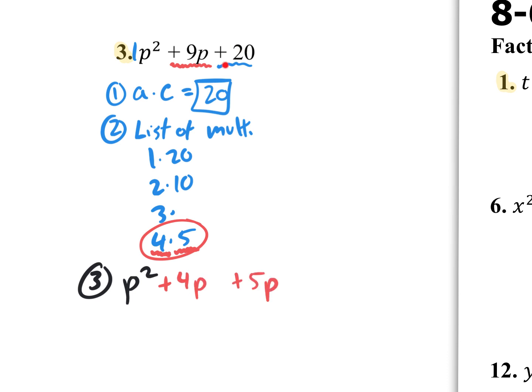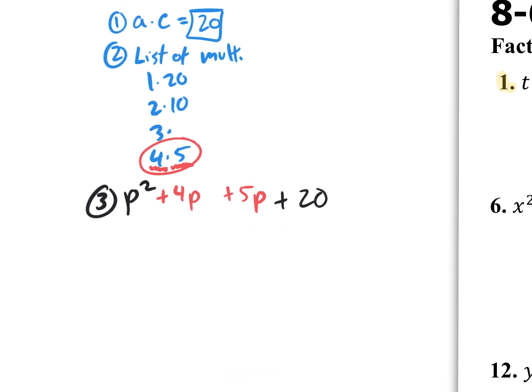And then at the very end, plus 20. So all we did was change the middle term to the 2 terms from step 2 and putting a p on those guys. And then we could now factor by grouping.